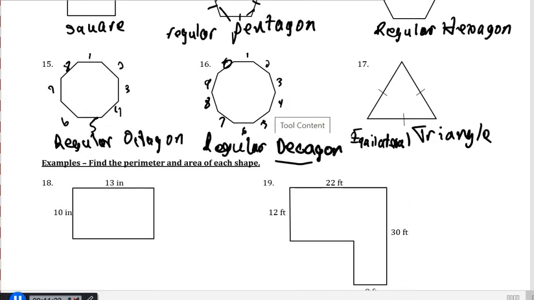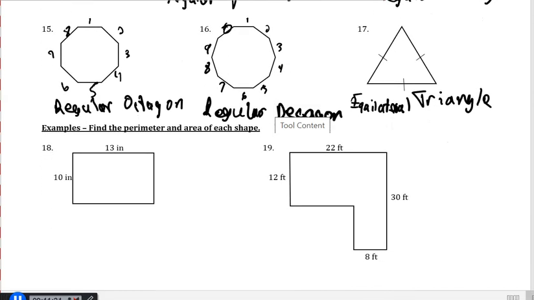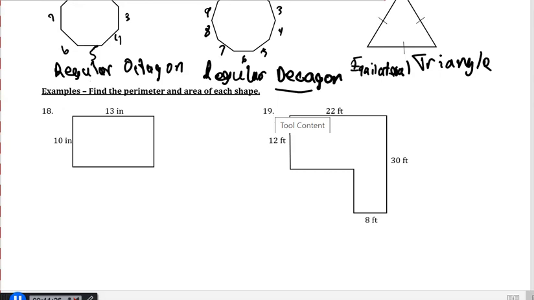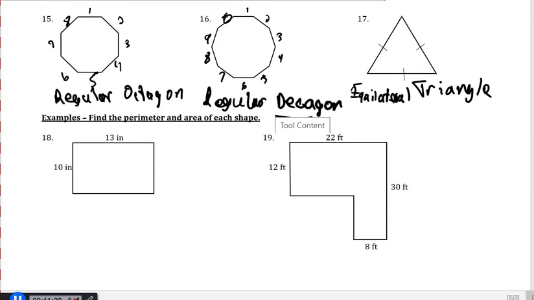And then the last thing here, find the perimeter and area of each shape. So with a square or rectangle, if we just want our perimeter, that's all the sides added up. So this has to be 10 inches. That would have to be 13 inches. We add all those up, 10 plus the 10, and then the 2 13s added up.